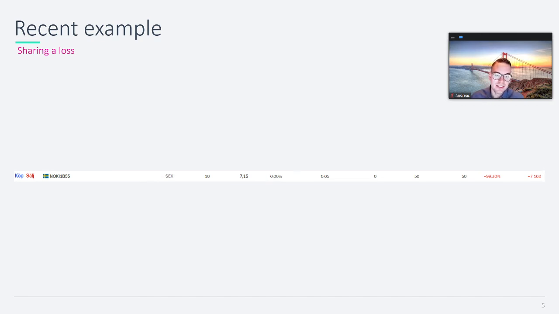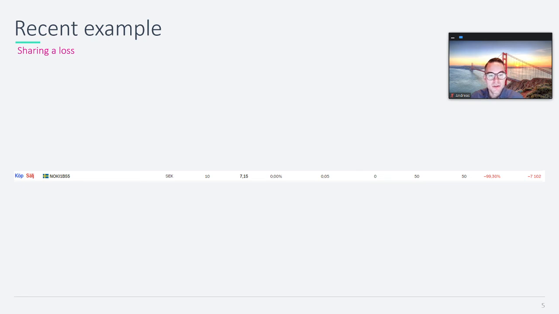And what happened in this case? Nothing happened from the earnings. The hype sort of died out in this stock, and yeah, it started going down slowly, not hitting the target price of 55 Swedish kronor that I had envisioned. In that case, what happens?